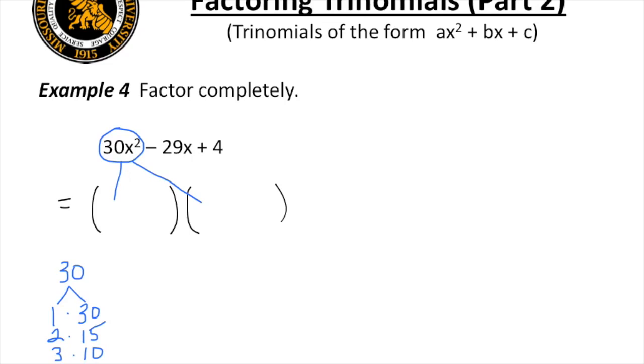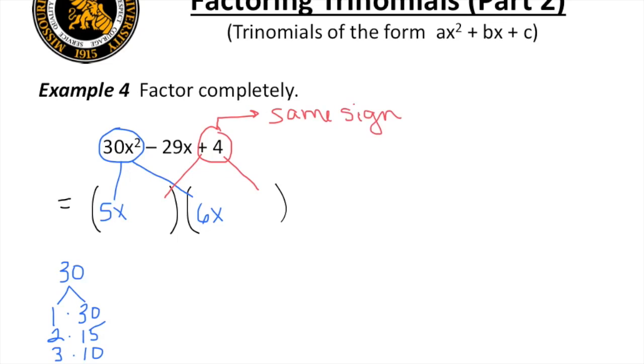At this point, it doesn't matter where we place those 2 factors. So let's go ahead and put 5x in the first binomial and 6x in the second. Now the factors of 4 will be placed in the back of each binomial. Since this third term in our trinomial is positive, that tells us that the 2 factors we place into our binomials will have the same sign.